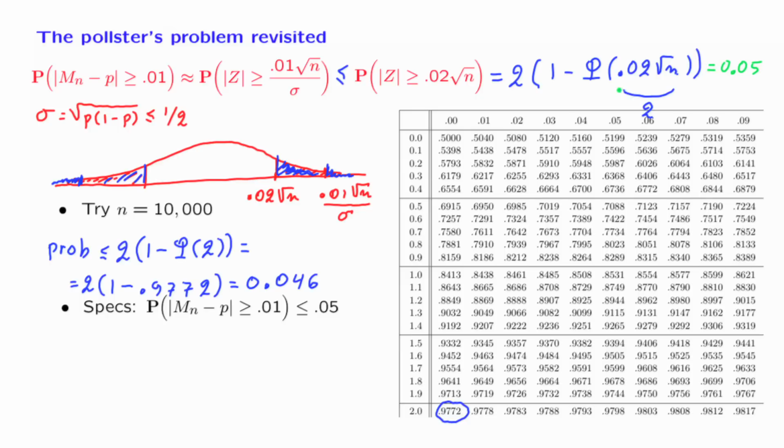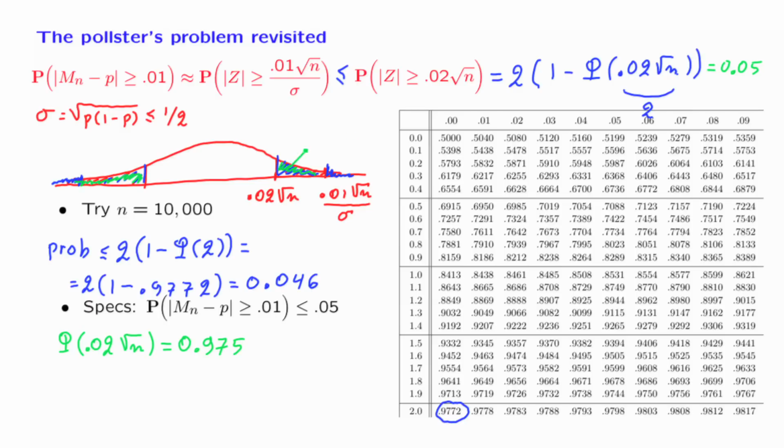Now we can do the algebra, and we find that this corresponds to requiring that phi of 0.02 square root n be equal to 0.975. What's the interpretation of this? We want to choose n so that the probability of the two tails is 5%.